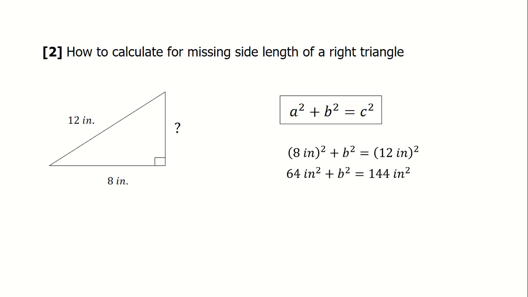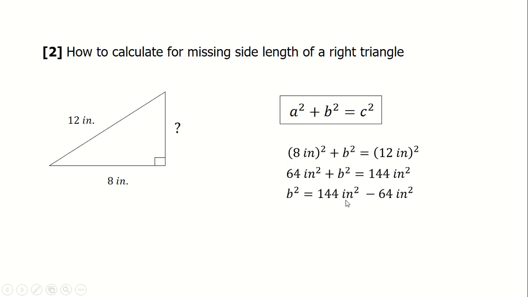So this is a bit different from the previous slide because before, on that slide, you are solving for the hypotenuse C, which is already isolated on the right side of the equation. But here you're going to solve for the B. So what you need to do is you put 64 on the right side.